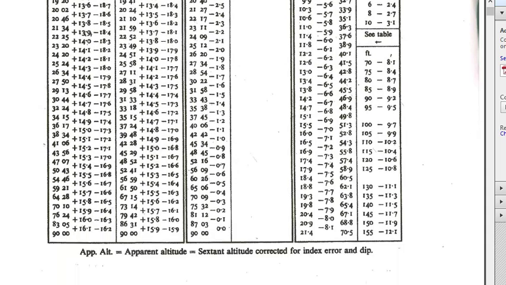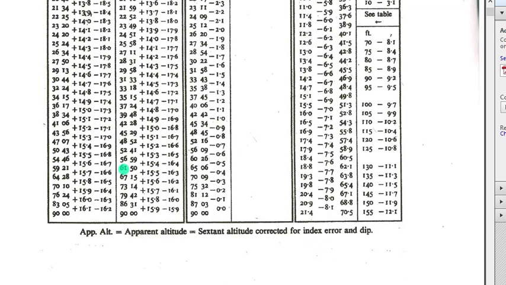Let me go back here. 64 degrees, that means from 61 to 67. Yes, so the correction here is plus 15.5.